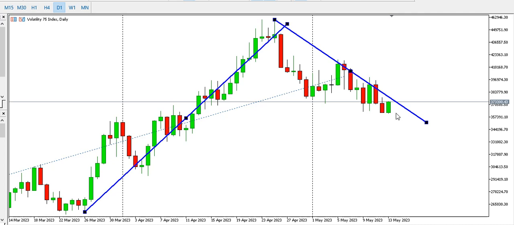In as much as price didn't really come down, we can't call it a reversal, but we can call it a retracement.